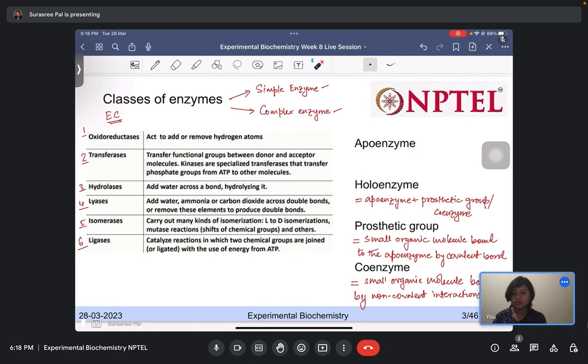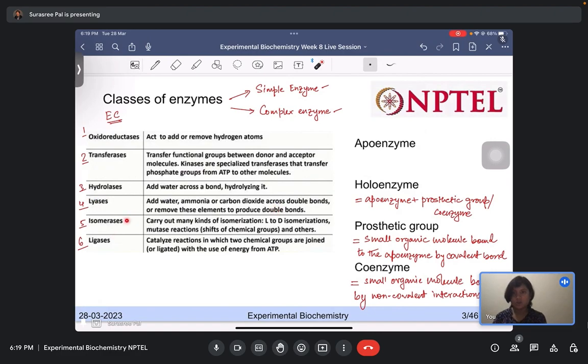Third is the hydrolase. Hydrolase adds water across a bond and thus hydrolyzes the bond. So its function is hydrolyzing. Next is the lyases. Lyase is an enzyme type which adds water, ammonia or carbon dioxide across double bonds or removes these elements to produce double bonds. So that's the function of lyases.